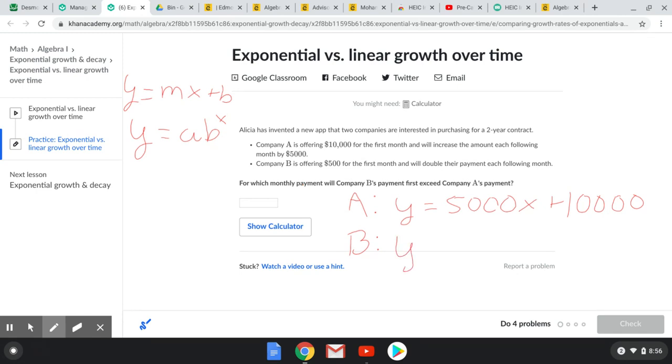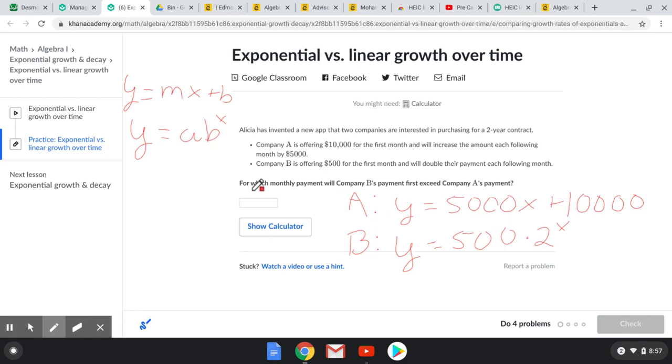So y equals 500 times 2, remember, we're multiplying by 2 each time, doubling, times 2 to the x. So this is our exponential formula. This is our linear formula.